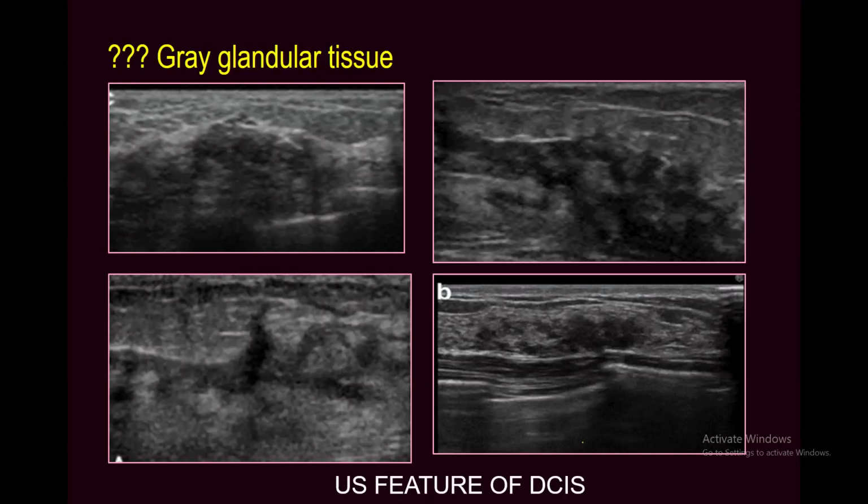It is hypoechoic with distortion, or without distortion. There is some associated calcification, or no calcification. There is edema, or no edema. Sometimes I describe it as just a large parenchymal area, and I measure the area from here to here, and by location and everything.